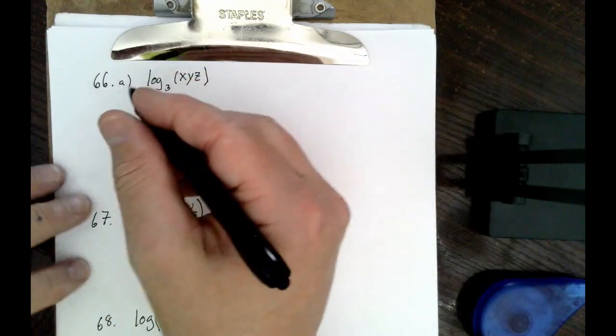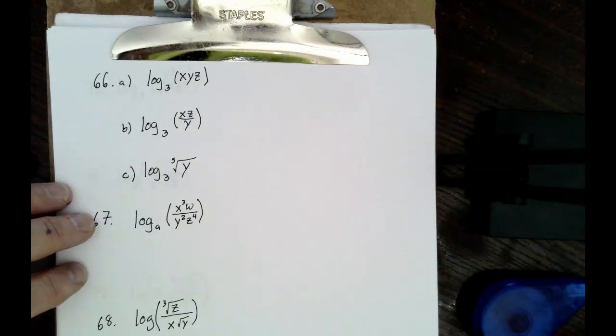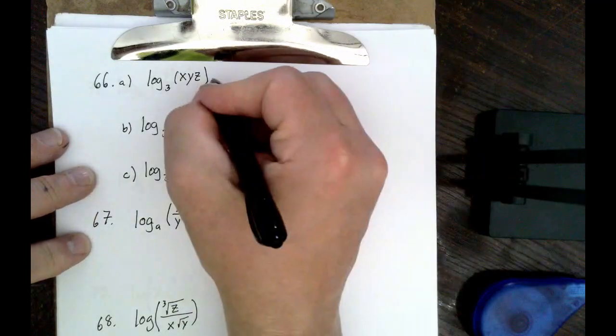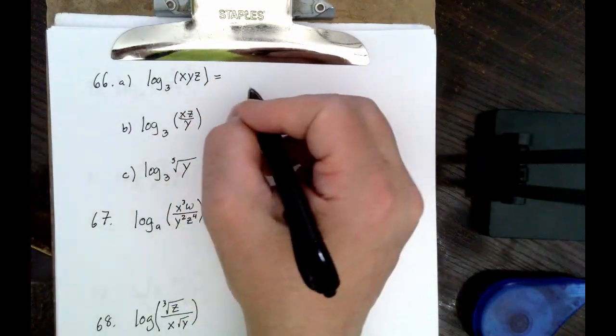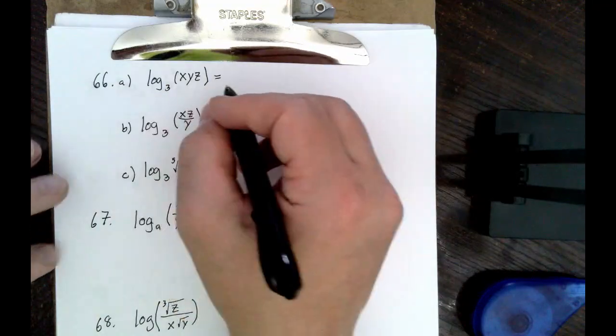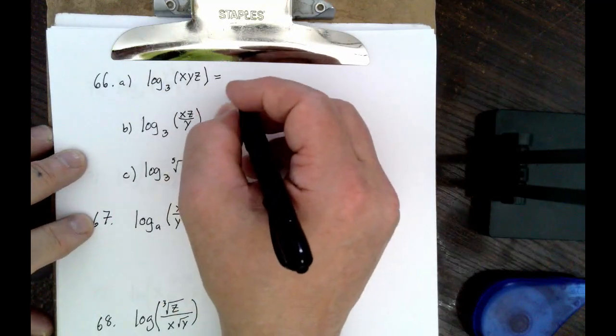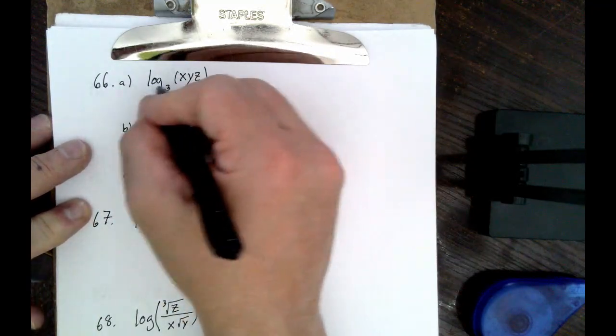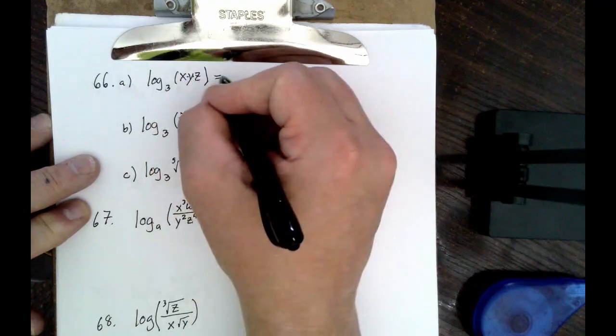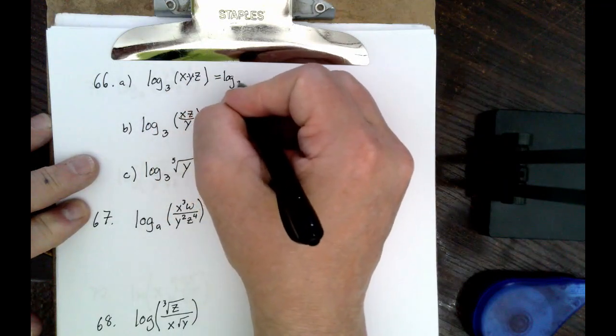Alright, so continuing on with section E, we're breaking things up into as many logarithms as we can, and any exponents we find we bring out front. So these are all being multiplied, so this breaks up into addition.